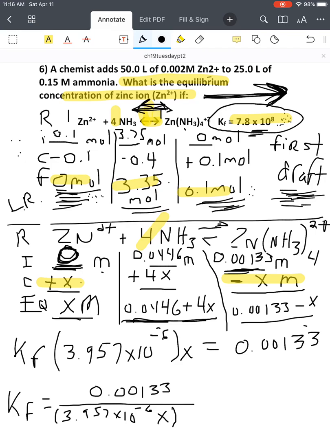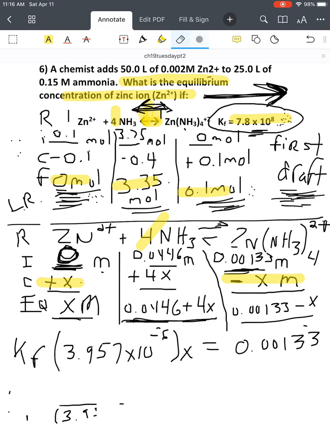So I just cleared the denominator. I'm going to have to erase this down here. So all we're now left to do is to solve this equation for x.